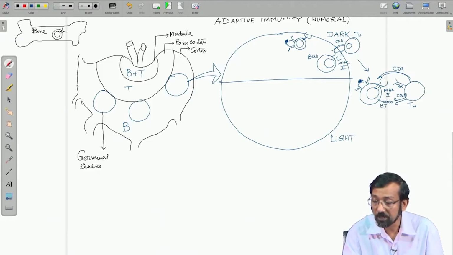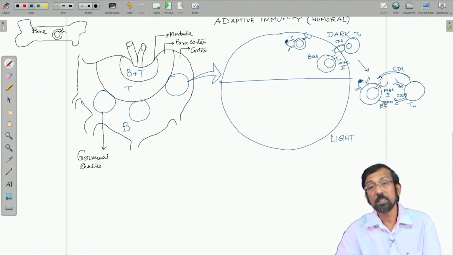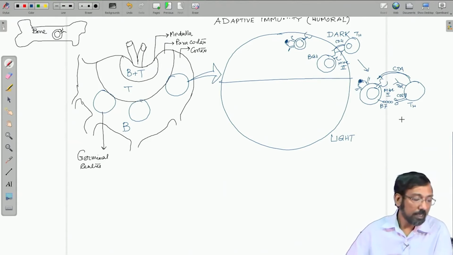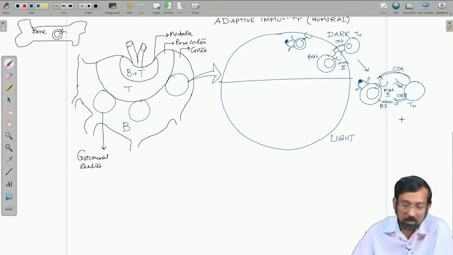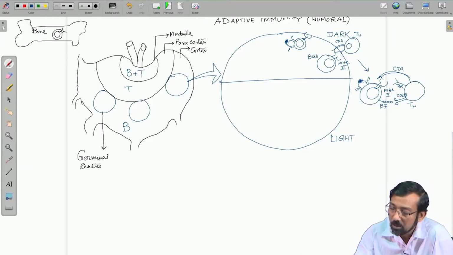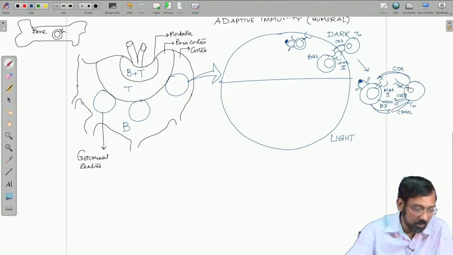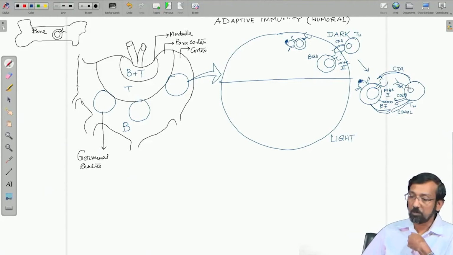So, this B7 to CD28 interaction is also vital. And then there is another interaction that we call the CD40L, that is expressed on the surface of the T helper cells.